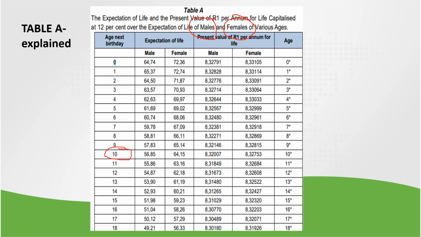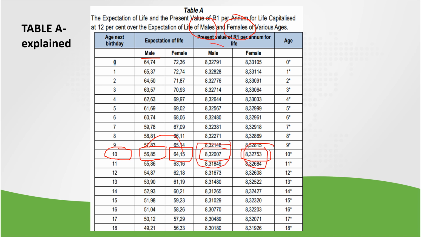If at their next birthday they will turn 10 years old, they are expected to live another 56 years if they're a male, and if they're a female, another 64 years. We don't take these amounts, we take the factors for a male and a female. And then we multiply the annual value by these factors.